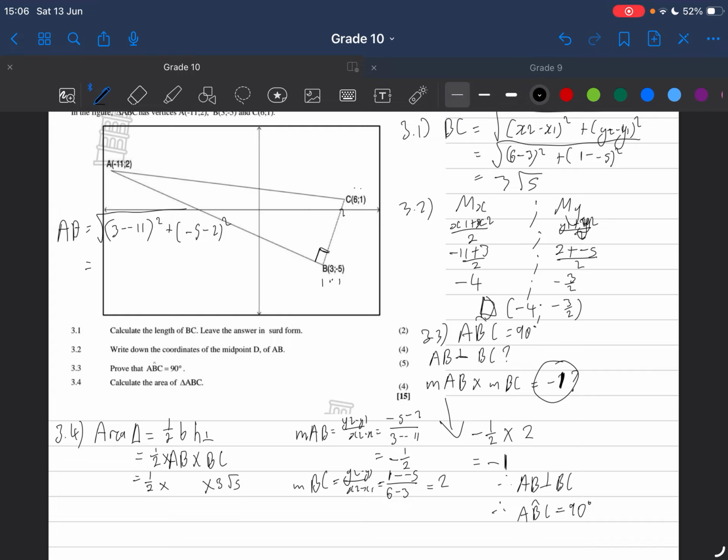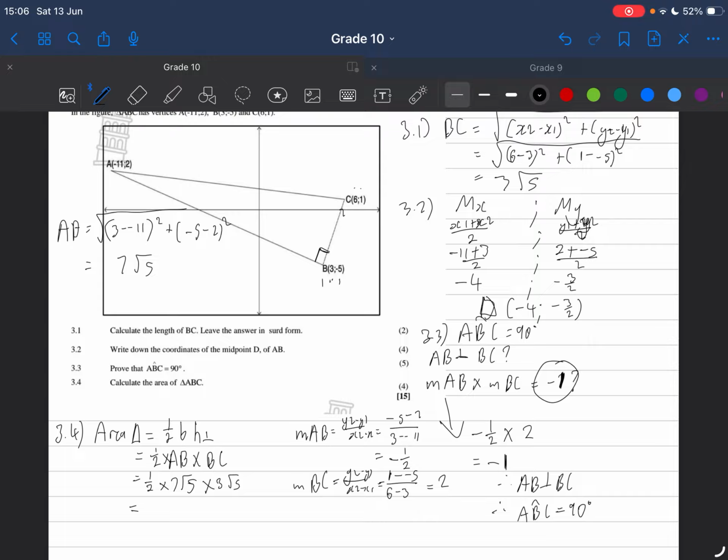So the length of AB now is going to be 7 root 5. So times 7 root 5.